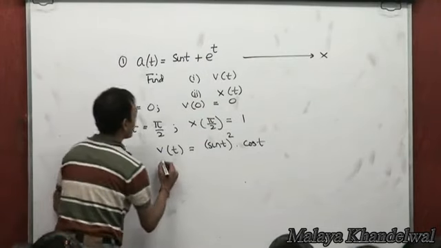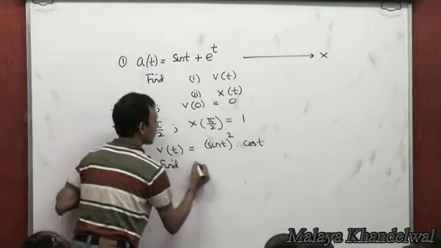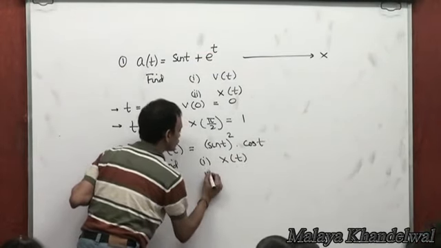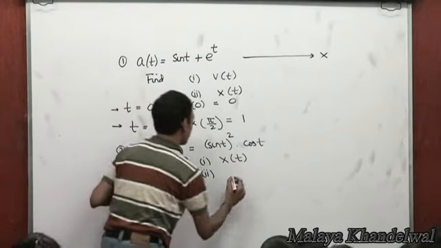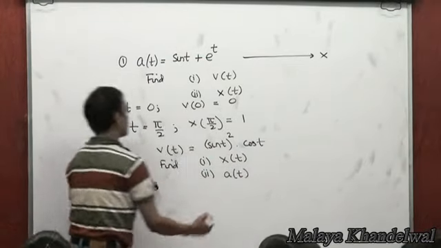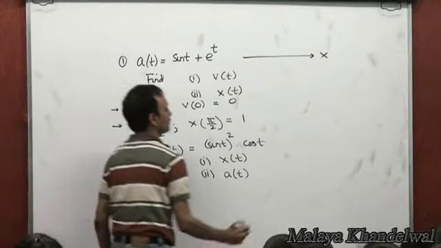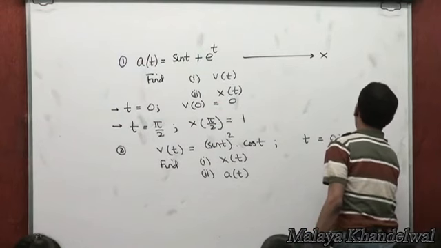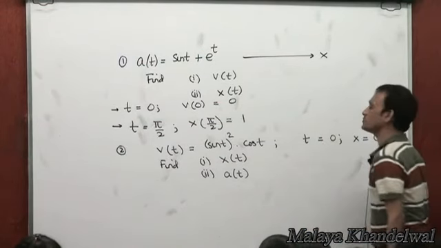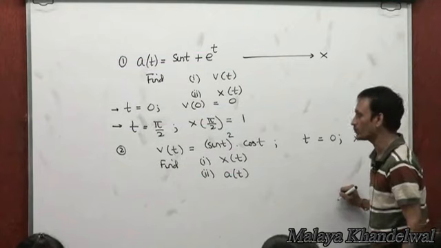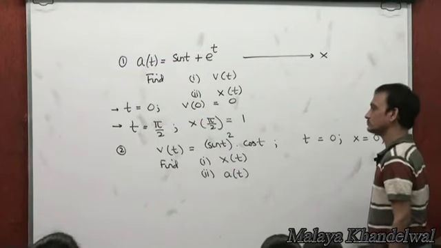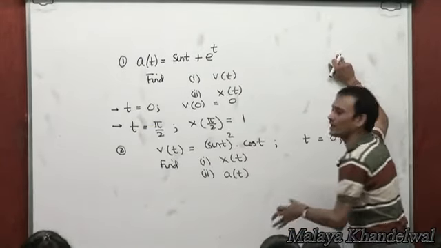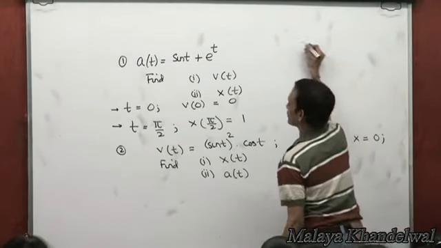Find one, x as a function of time, and two, acceleration as a function of time, given that at time t equal to 0, x was 0. All these particles are moving along the x direction.